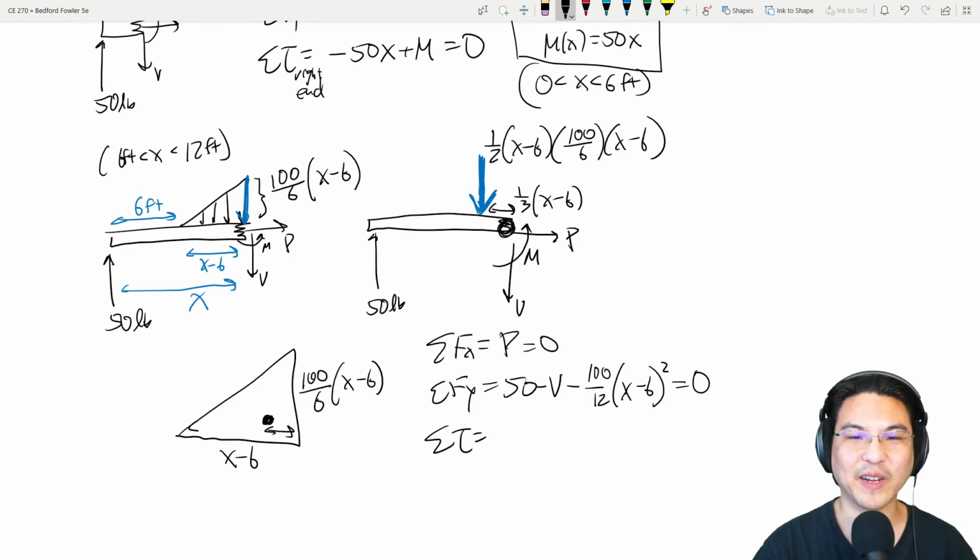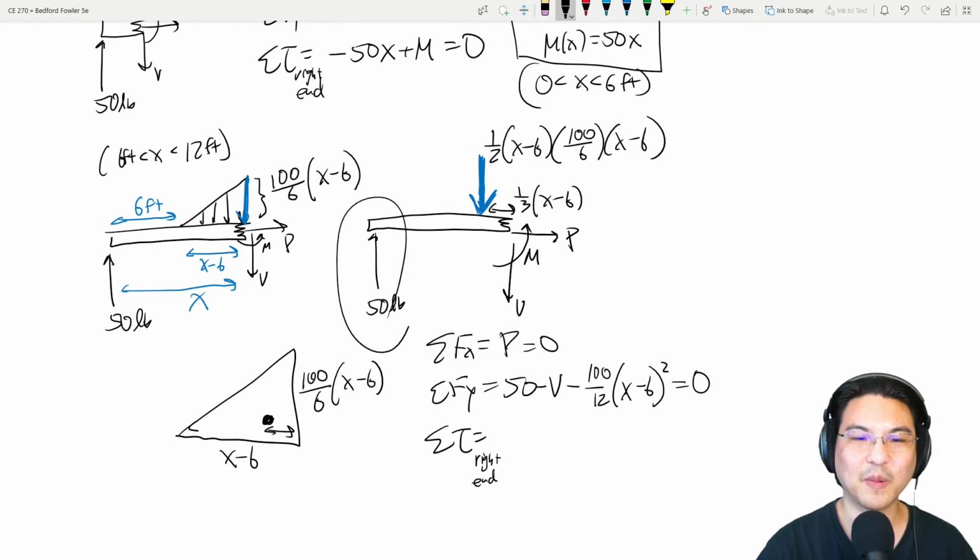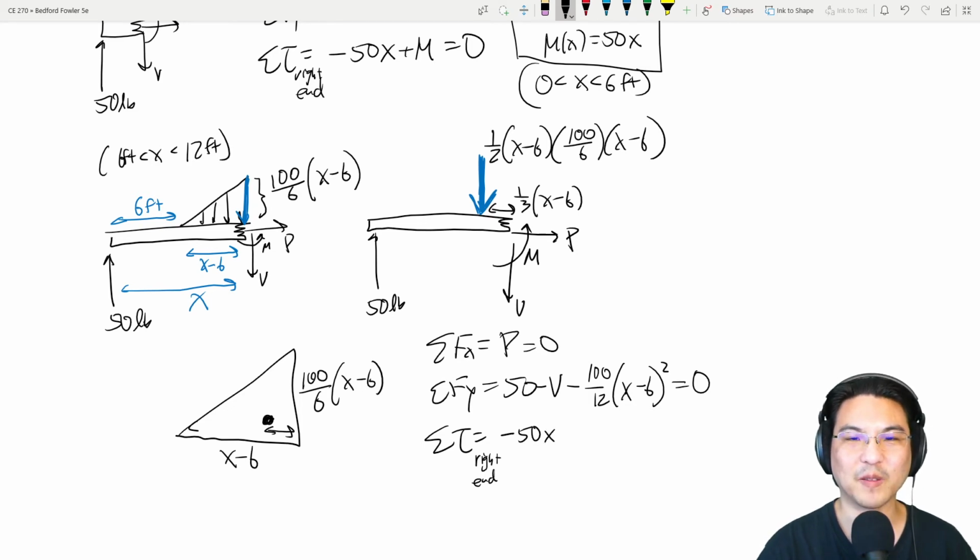How about this right end? There's torque from this, which is negative 50 times x. And then there's torque from this, which is positive this much, 1/3 of x minus 6 times this force.